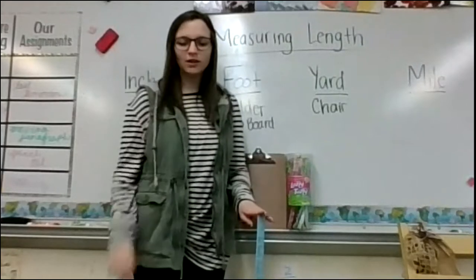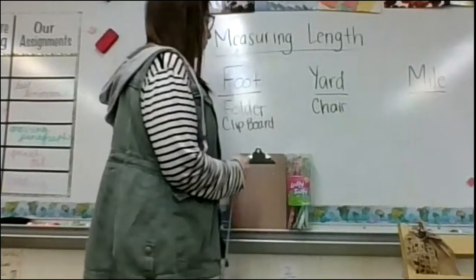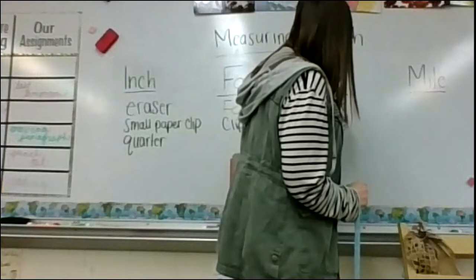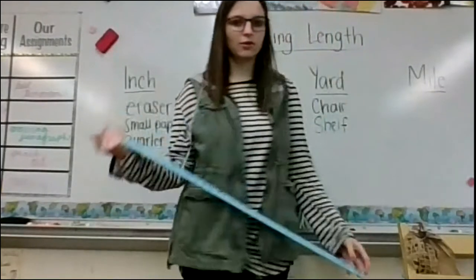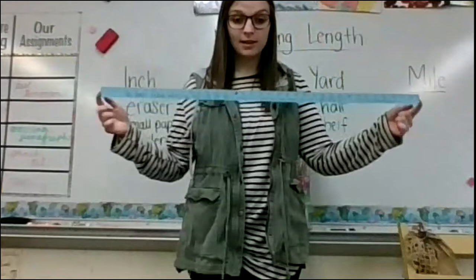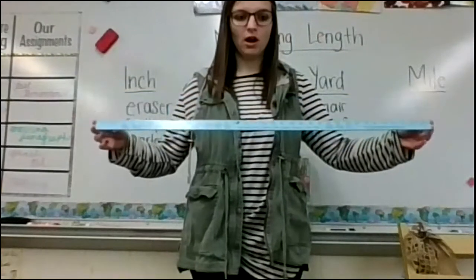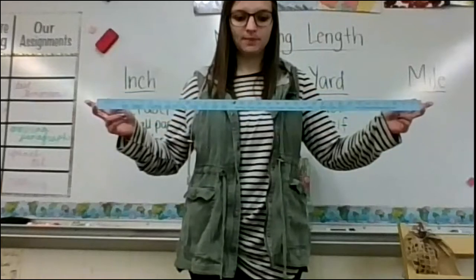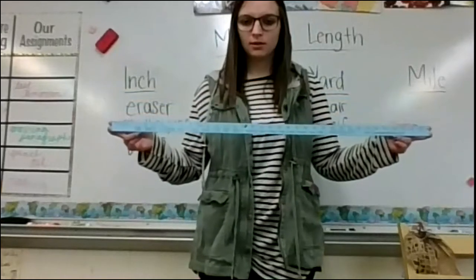And then one other example that I couldn't bring over here with me was the width of the door. Okay, walking into our classroom, you walk through the door, and this is exactly how wide it is. It is 1 yard wide to walk through. That's how much room we have, 1 yard.